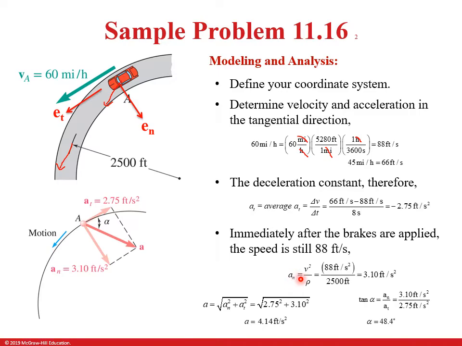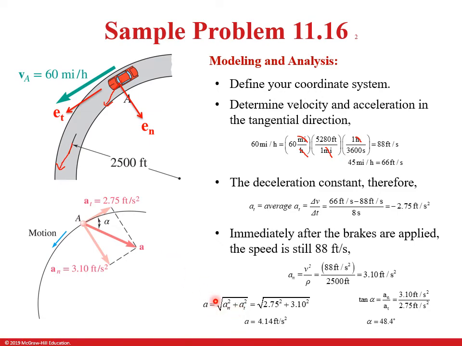But let's just stay right here for now. That's going to be speed squared over rho. Speed squared is 88 feet per second squared. We're going to square that and divide it by 2,500 feet. So our acceleration in the normal component is 3.1 feet per second squared.